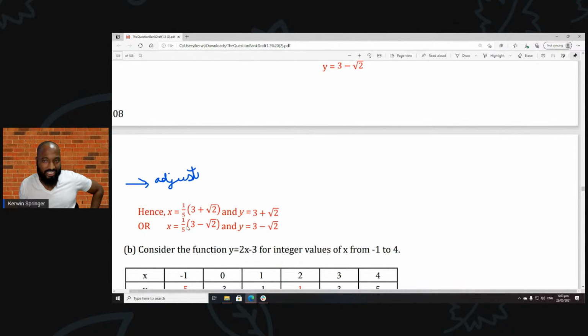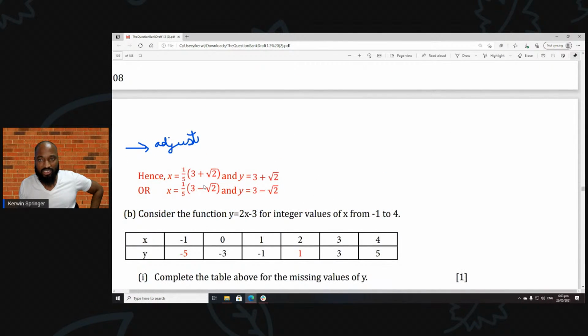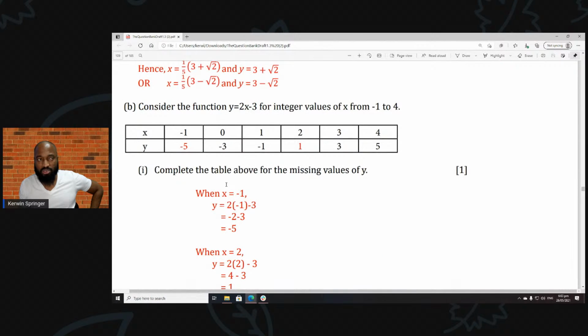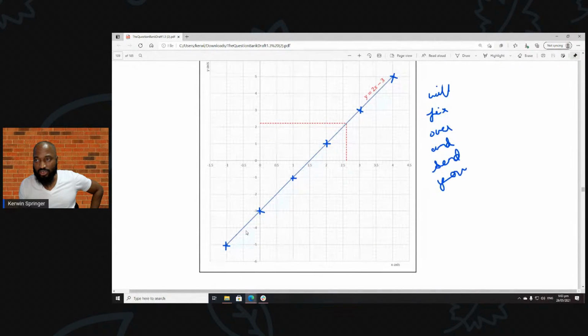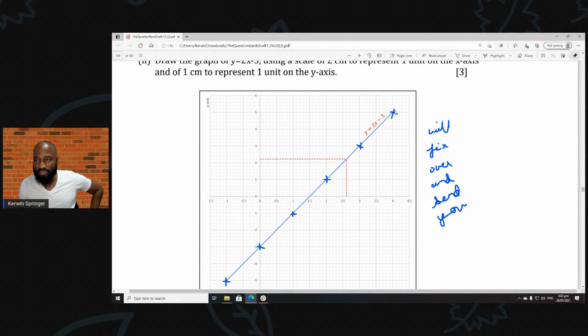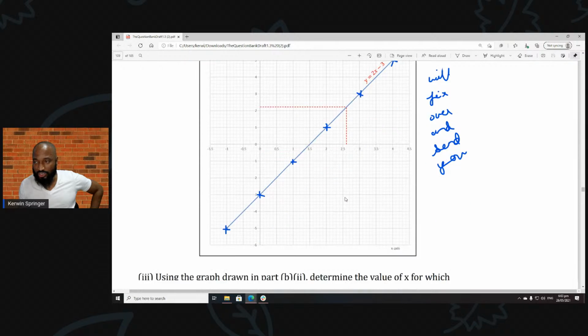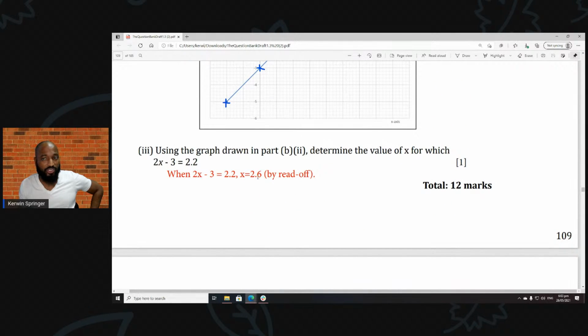Now you can put this in decimals if you're feeling happy, but this is taken as is as well. You substitute here, good. We got -5 and 1. You draw the line. This is how your line would look with the proper scale. And then you do the 2.2 thing, and you get 2.6. X is equal to 2.6. And you put by reader or from according to graph or whatever. Nice. So let's go on to the next question.